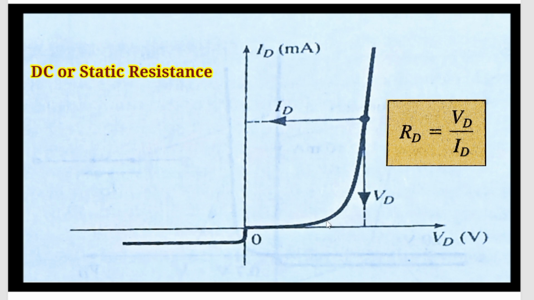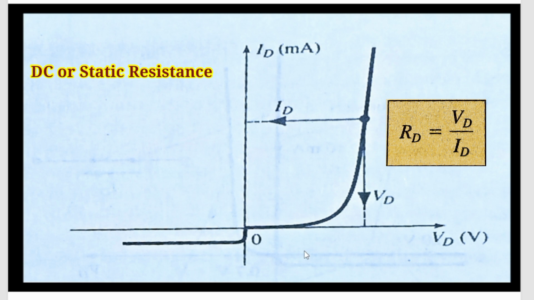Remember, the DC resistance level at the knee and below will be greater than the resistance levels obtained for the vertical range section of the characteristics. The resistance levels in the reverse bias region will naturally be quite high.